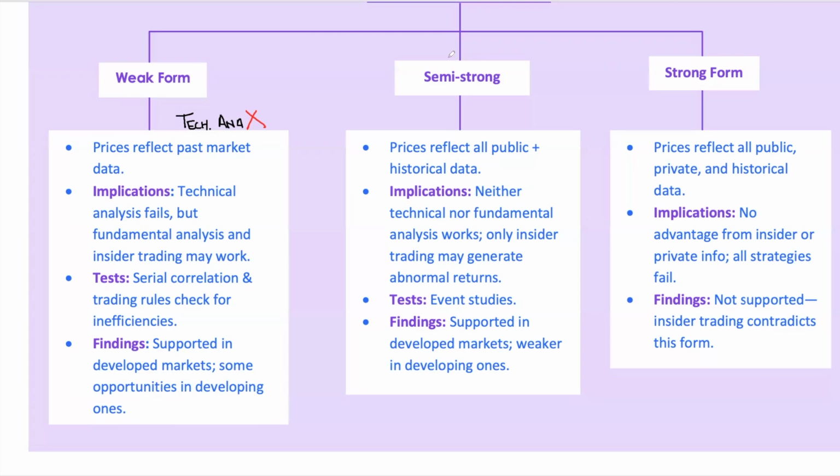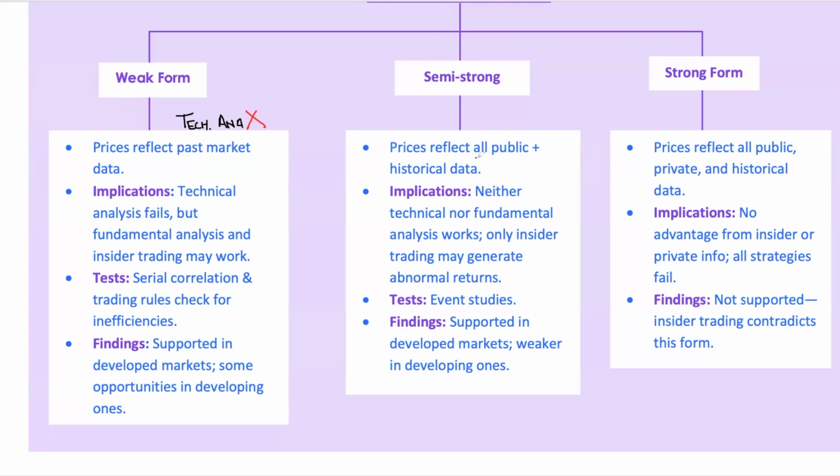All right, moving up the ladder, next we've got semi-strong form efficiency. This one takes it a step further. In a semi-strong efficient market, prices reflect not just past data, but also all publicly available information. That means earnings reports, dividend announcements, mergers, management changes, macroeconomic news, you name it.